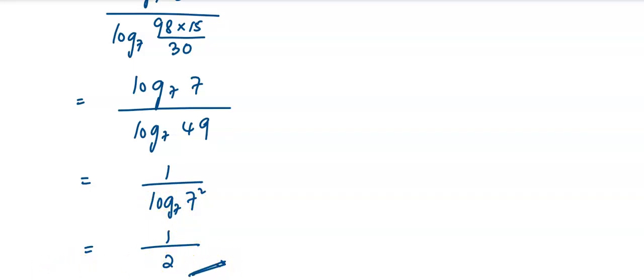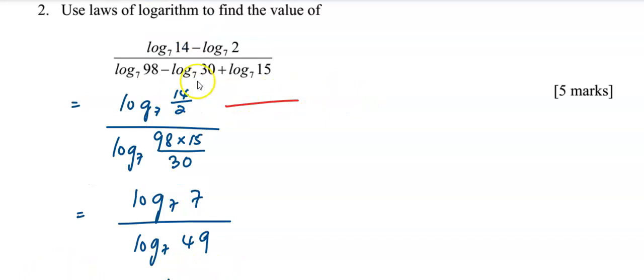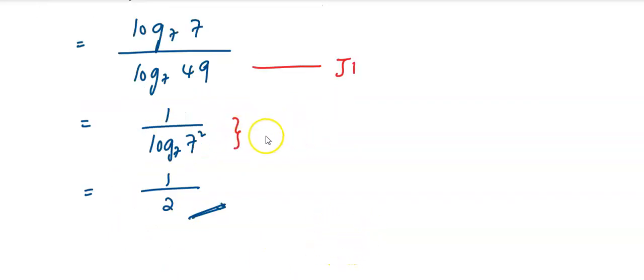Now let's look at the marks. If you use the laws of log to simplify the numerator, you get 1 mark for the step, and the denominator another 1 mark. So if you got it all correct, you simplify. Okay, you have applied the laws of log. You simplify in this way. You get another 1 mark for the answer. The next mark will go to you simplifying.